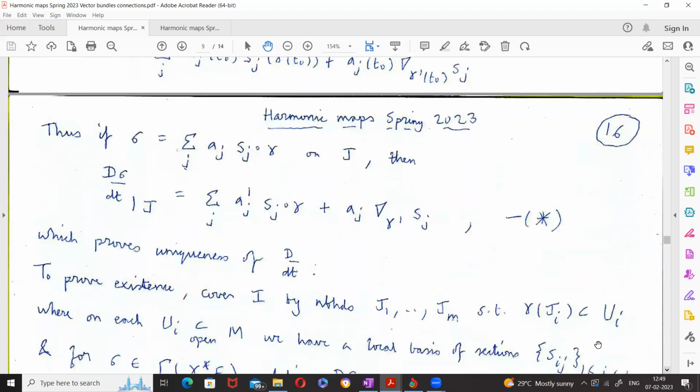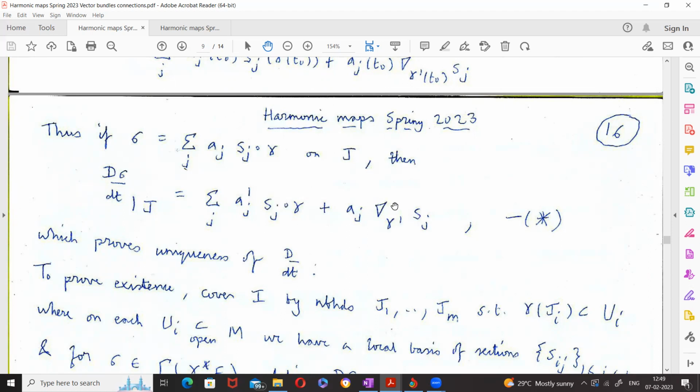And so what do we get? We get that therefore, any sigma on the interval J, I can write as a sum over little j of aj into sj composed with gamma, right? In terms of my local basis sj. And then what I find is that D sigma dt restricted to J has to be equal to the sum over j of aj prime into sj composed with gamma, plus aj into nabla sub gamma prime of sj, right?